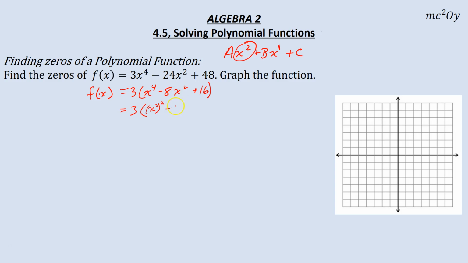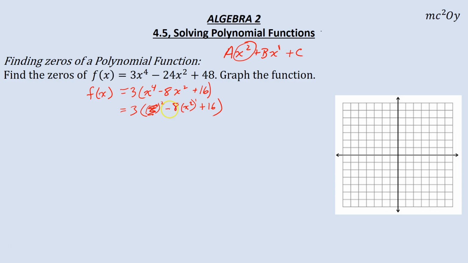And I know that x squared can be written as x squared to the first, and I have my 16. Now I know that looks weird, but stay with me.